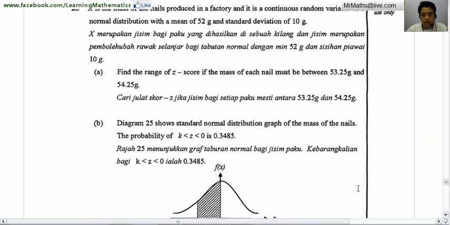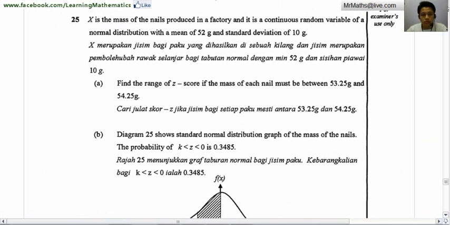This question is about normal distribution. X is the mass of the nails produced in the factory, a continuous random variable of a normal distribution with a mean of 52 gram and standard deviation of 10 gram.